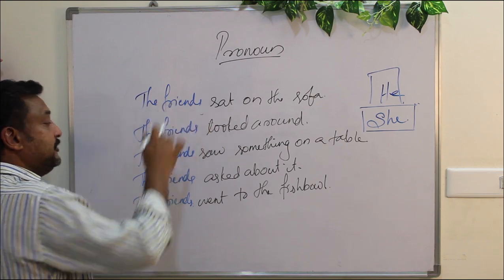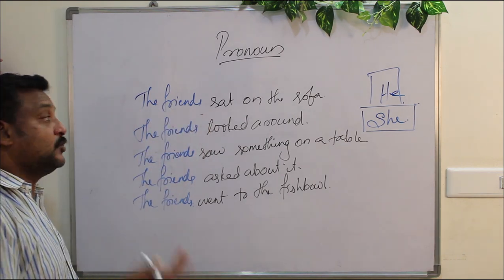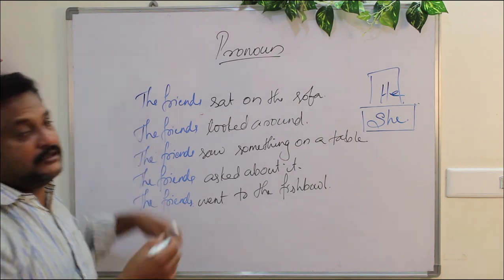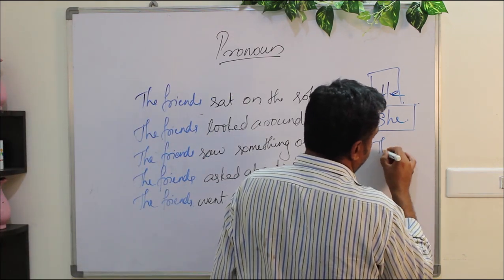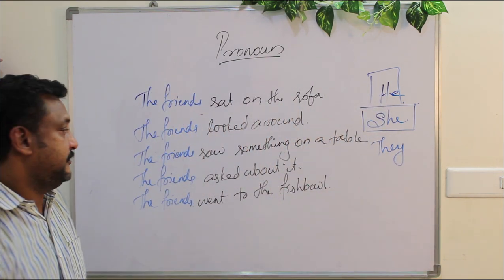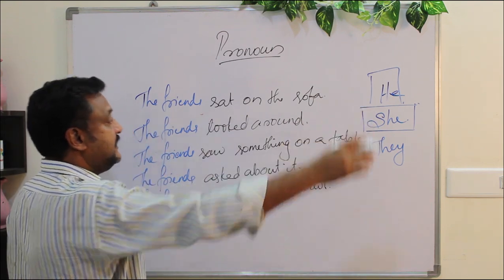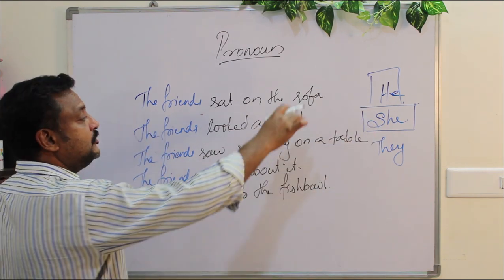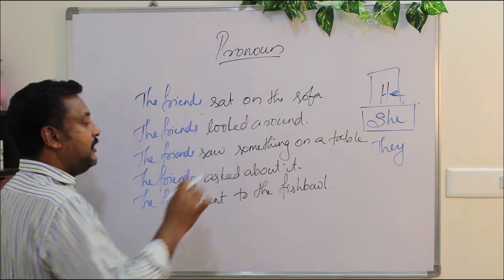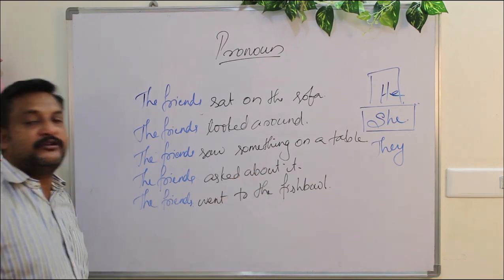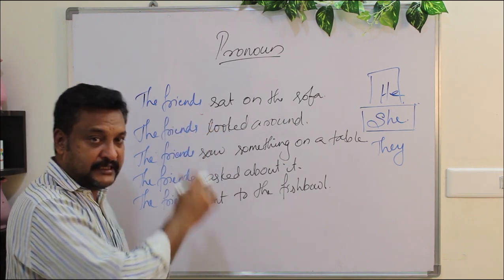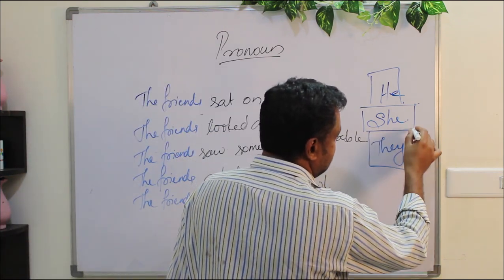Okay, there are more people here. All the four friends who came to Sohan's house. If we have to tell about more people, then we use they. So we say the friends sat on the sofa, they looked around, they saw something on the table, they asked about it, they went to the fish bowl. Okay, so instead of the friends being repeated, we use they.